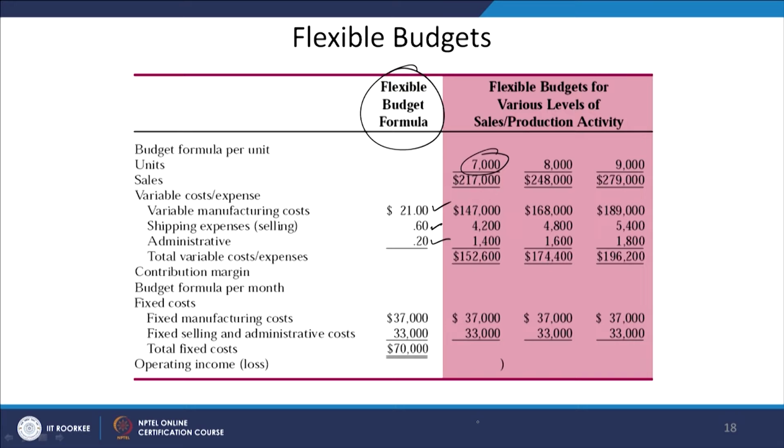Similarly, the fixed selling and administrative cost is estimated here at 33,000, right. So, it should be 33,000 for all levels of production, ranging between 7,000 to 9,000. So, we will assume it as 33,000 and compare it with the actual, and then try to find out the variance or the deviation if there is any, and then find out the reasons for that.